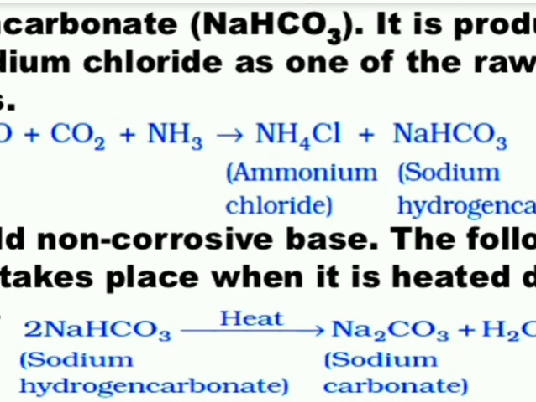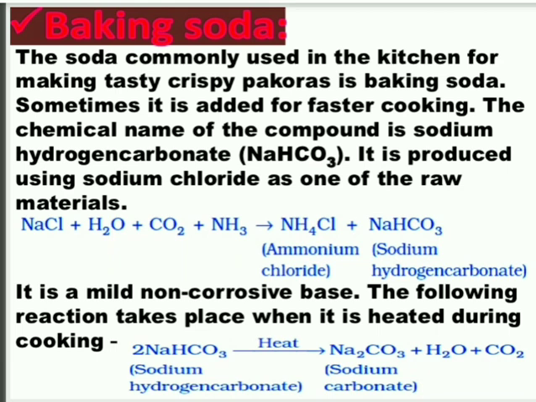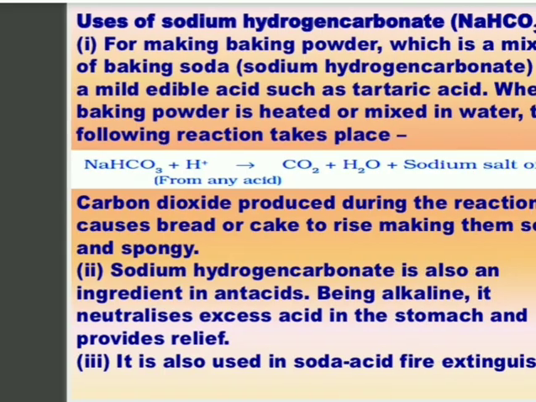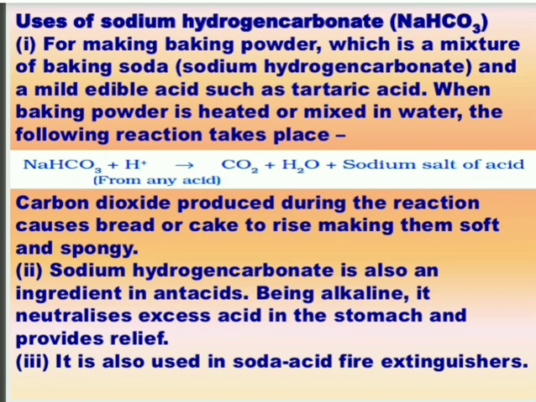You can see in the reaction, in the product we have got CO2, and CO2 is responsible for softness and fluffy nature of the cake. That's why baking soda is used to make the cooking substances, isn't it?